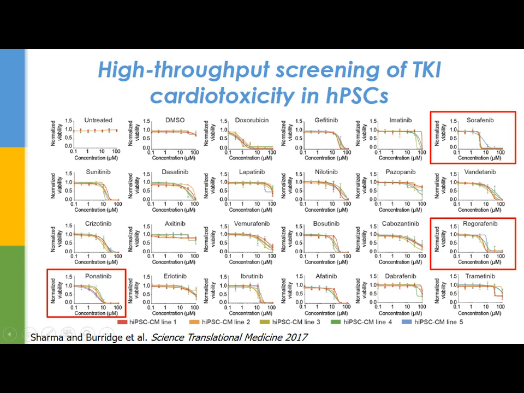These are sorafenib, regorafenib, and ponatinib. And these 3 tyrosine kinase inhibitors are actually inhibiting the VEGF receptors and the PDGF-B receptors.